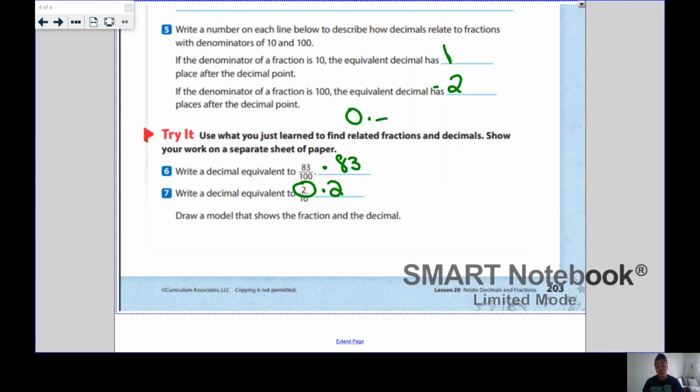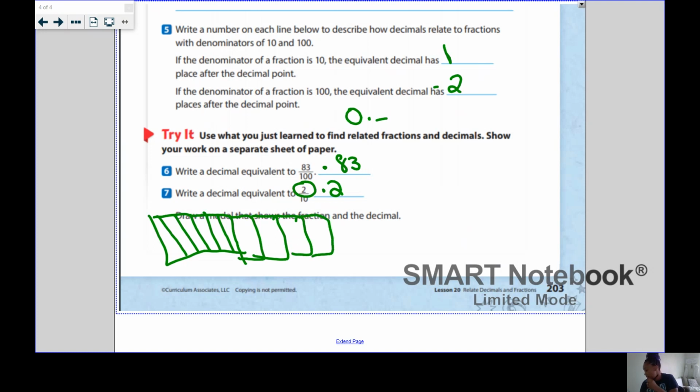Draw a model that shows the fraction and the decimal. So you can do right here. We'll do a 10, 1, 2, 3, 4, 5, right? 1, 2, 3, 4, 5, 6, 7, 8, 9, 10.